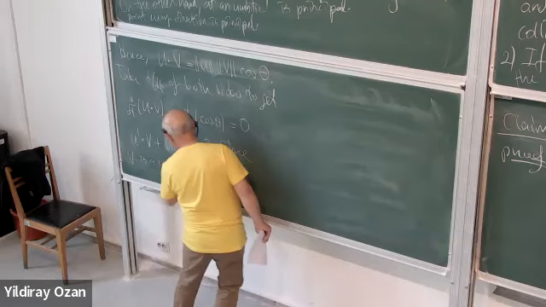Hence, U prime is orthogonal to P and U. Well, that's not true. I mean, right? U prime is orthogonal to this vector, therefore in the plane P.